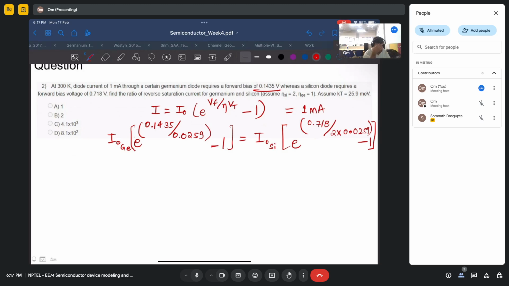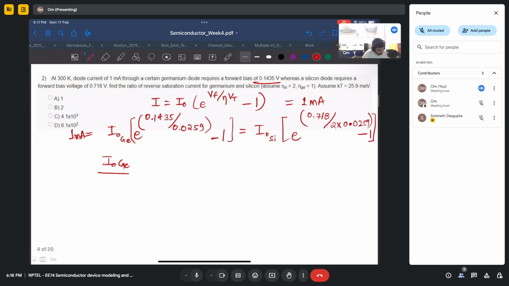Okay, what we have to find is I naught Ge, and both of these are equal to 1 milliampere. What you have to find is I naught Ge upon I naught Si, the ratio of the reverse saturation current for germanium and silicon.